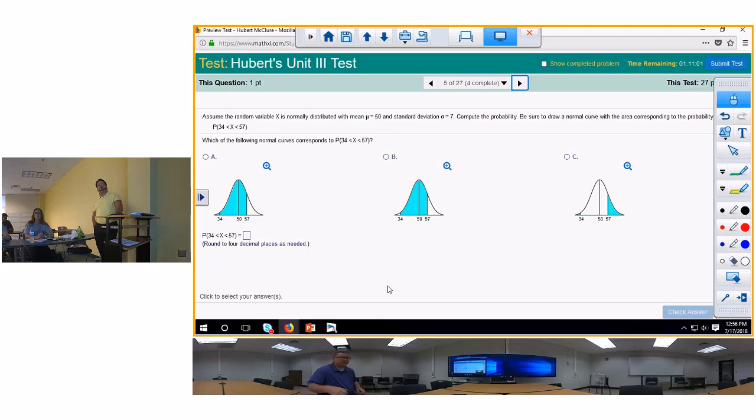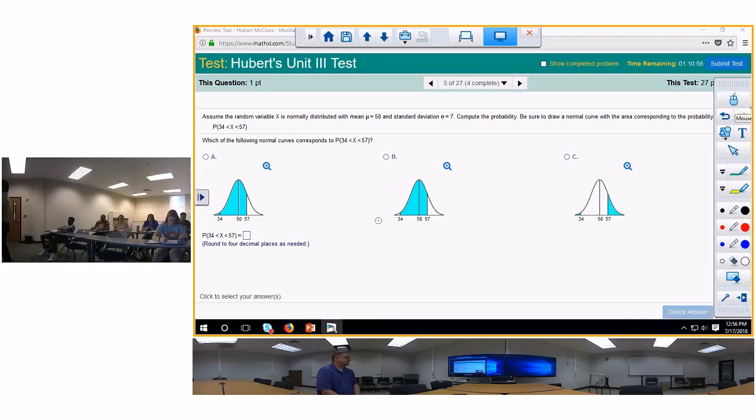A, B, or C? You should be able to pick it because we've done so many of these in class. You should be able to say, okay, that's B, as in Bravo. And you feel good about yourself.